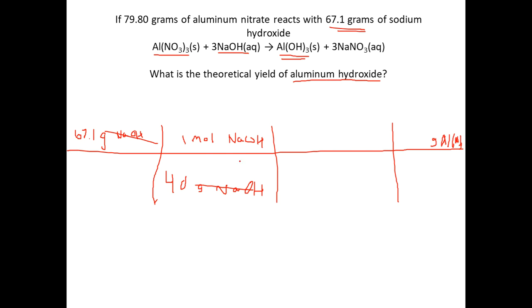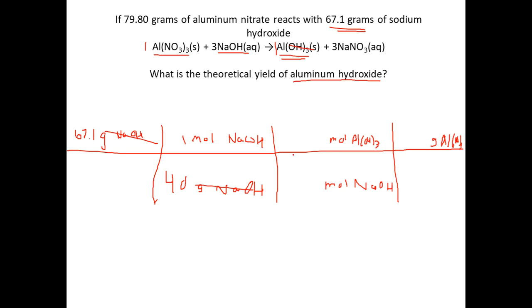Now we need to go from moles of NaOH to moles of aluminum hydroxide, AlOH3. And I need to put moles of sodium hydroxide on the bottom. All right, so this is where we use the mole ratio. This is a balanced equation, if you notice. So we don't need to do any balancing. We just need to look at what coefficients are in front of each of these substances in the chemical reaction.